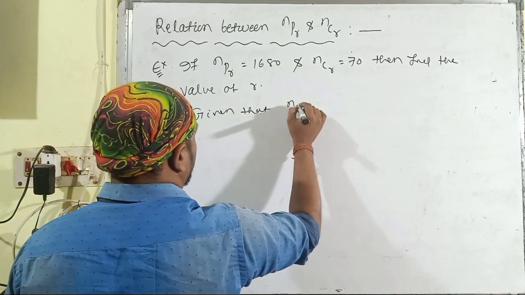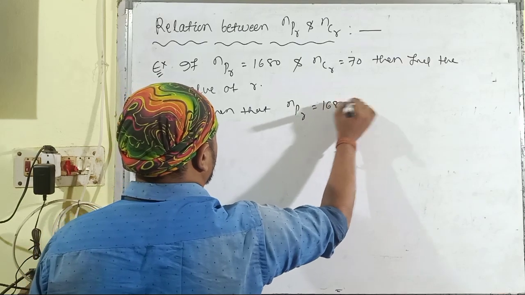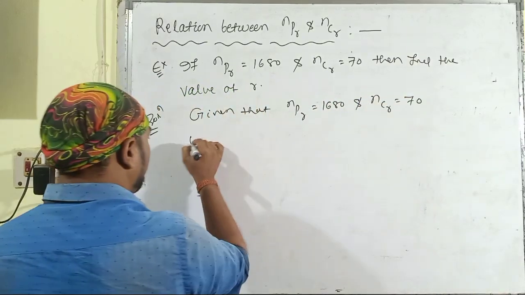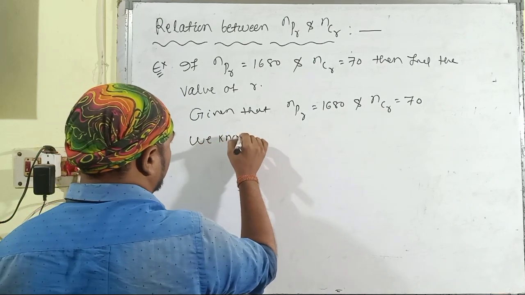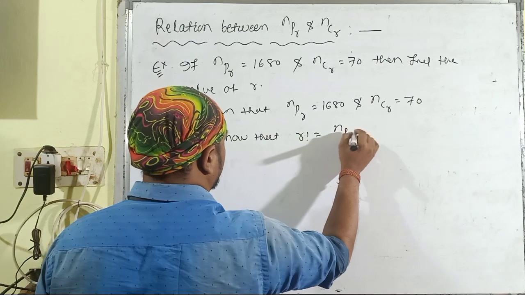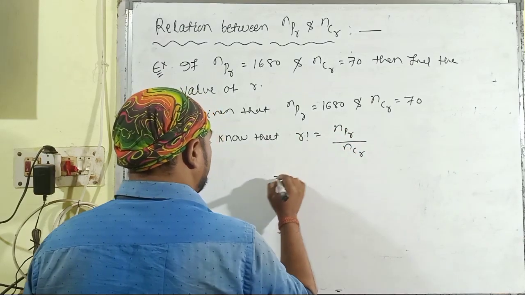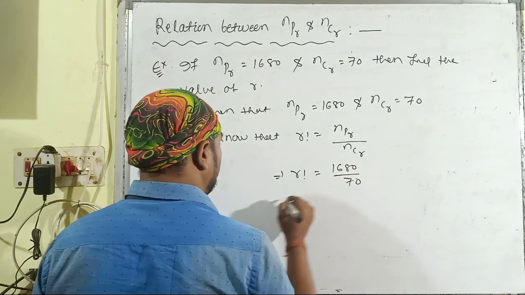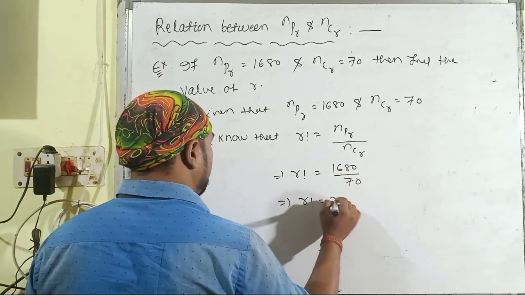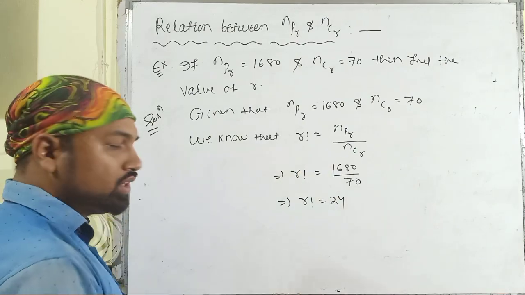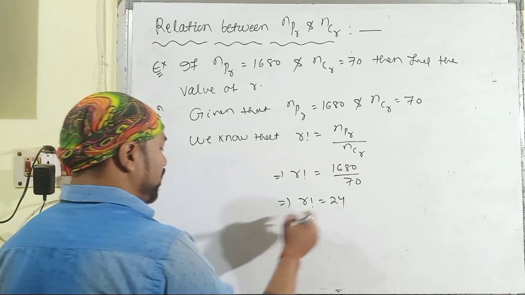Given that NPR is equal to 1680 and NCR is equal to 70, we know that r factorial is equal to NPR divided by NCR. That means r factorial is equal to 1680 divided by 70. Just dividing 1680 by 70, we get r factorial is 24.